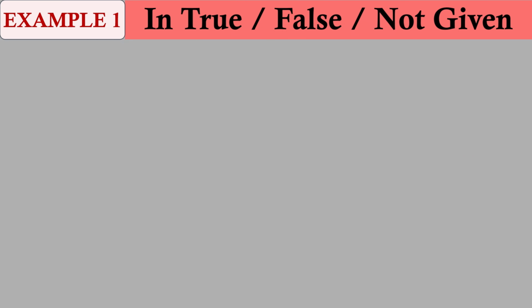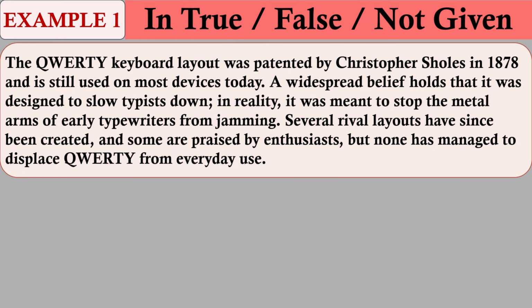Let's put it to the test with a true, false, not given example. Read this short text. The QWERTY keyboard layout was patented by Christopher Scholes in 1878 and is still used on most devices today. A widespread belief holds that it was designed to slow typists down. In reality, it was meant to stop the metal arms of early typewriters from jamming.